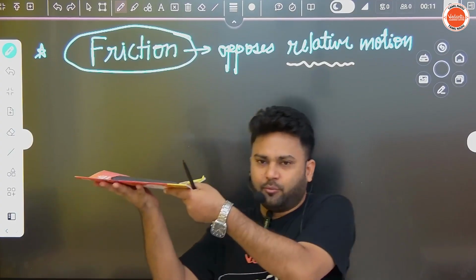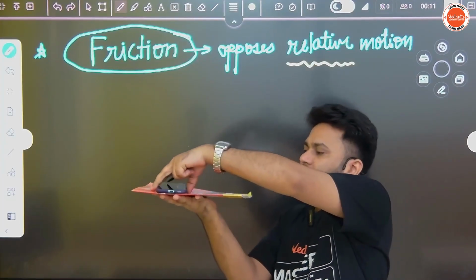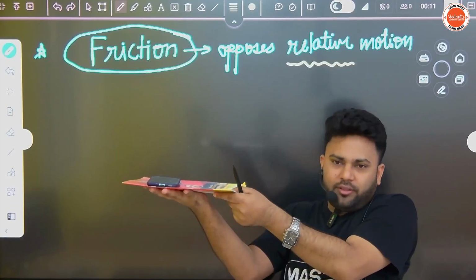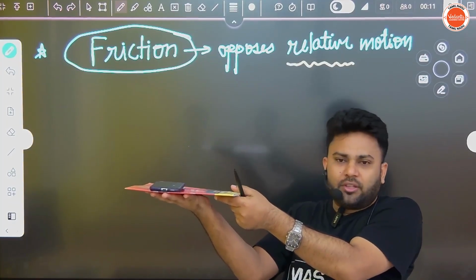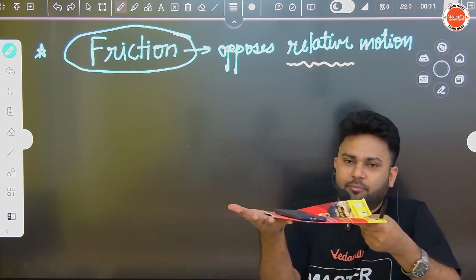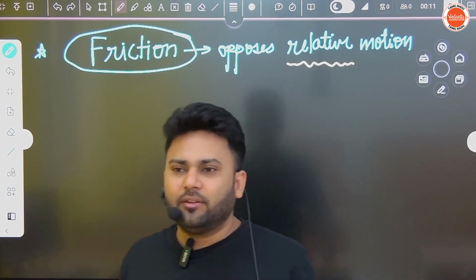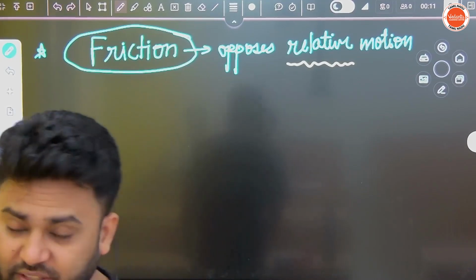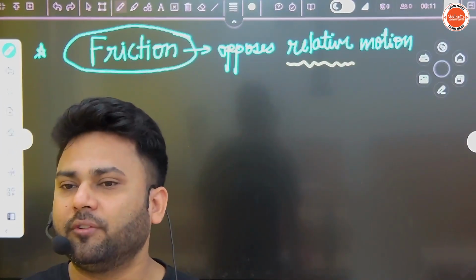I applied force only on the book. I am not applying any force on the mobile. But if I am pulling like this, the mobile is also coming. So how is the mobile coming? Because there is friction. Friction is helping it to move.